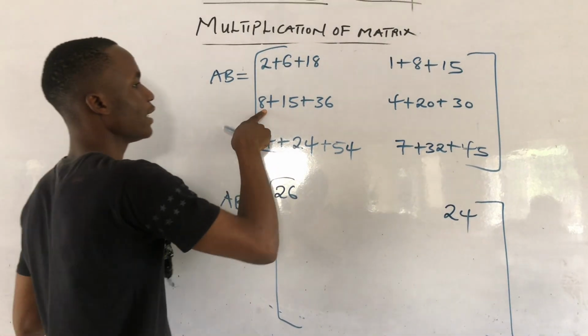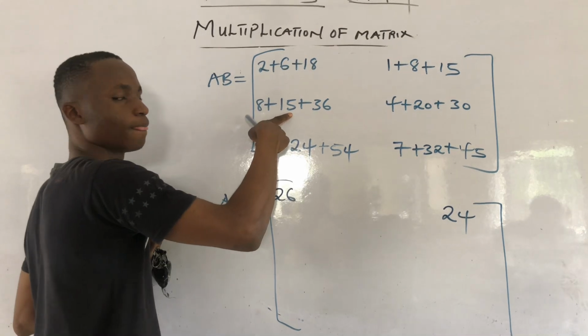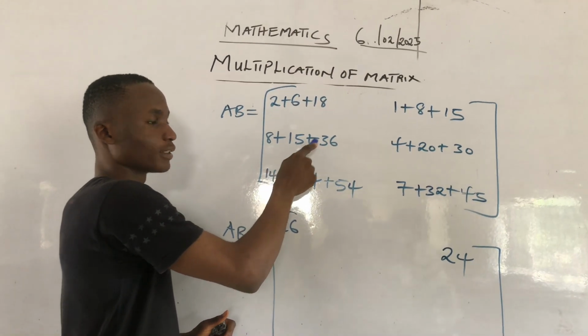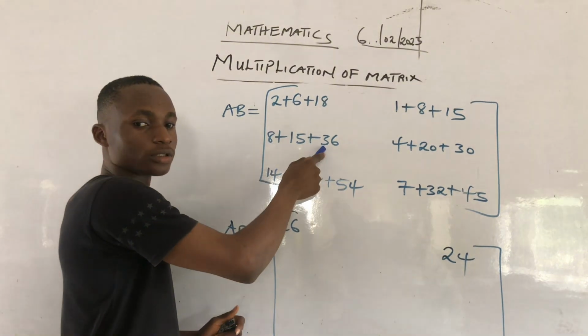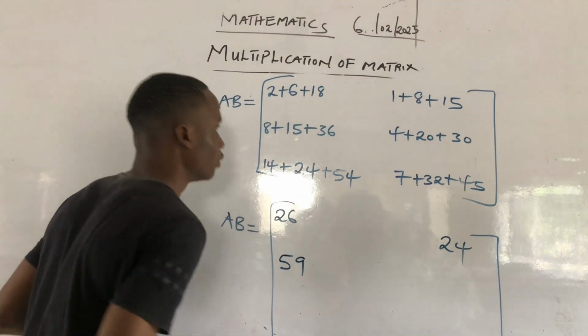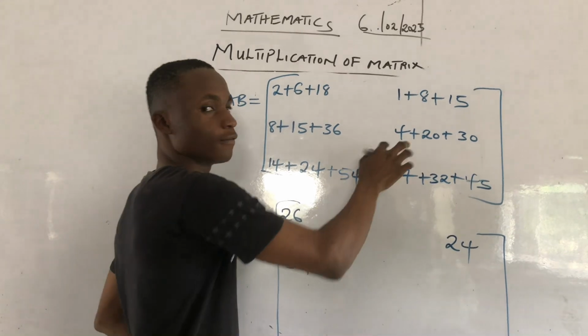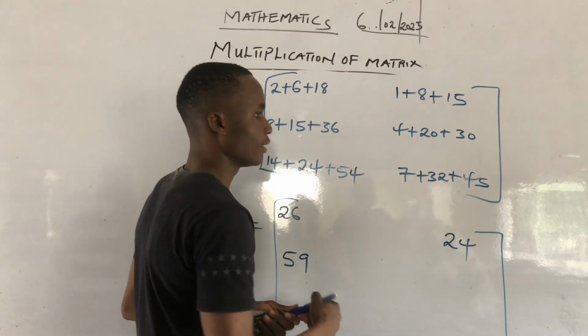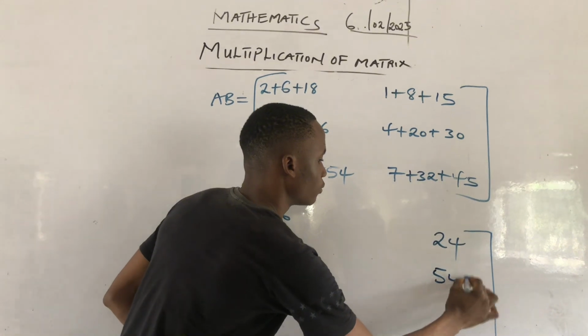Yeah, so let's go back to this one. So here we have 8 plus 15 plus 36. You can add that up with your calculator, and we're going to have 59. So over here we have 4 plus 20 plus 30, and we have 54.